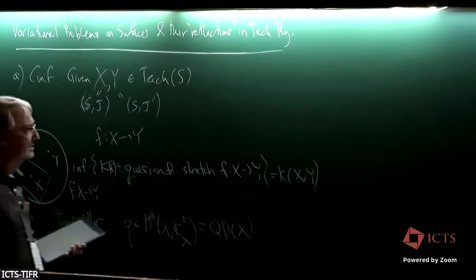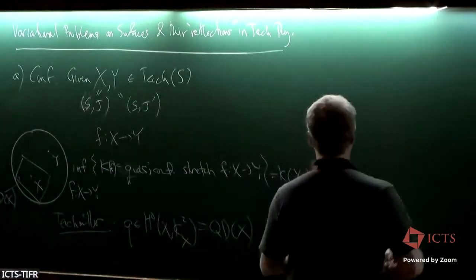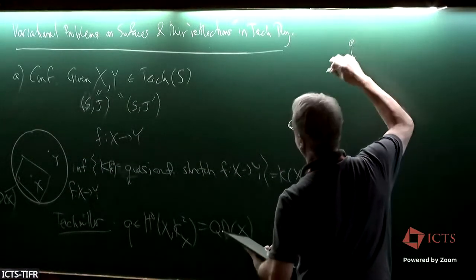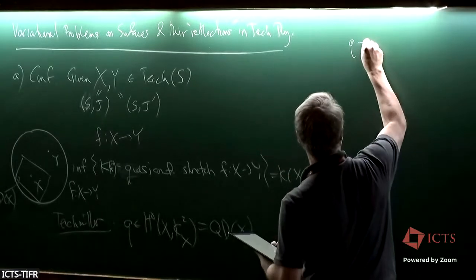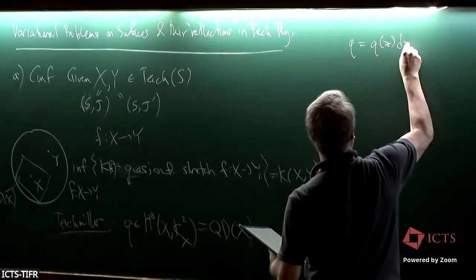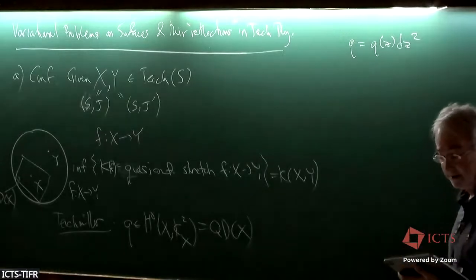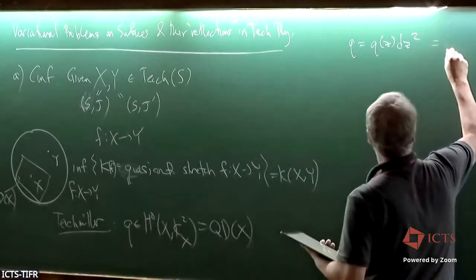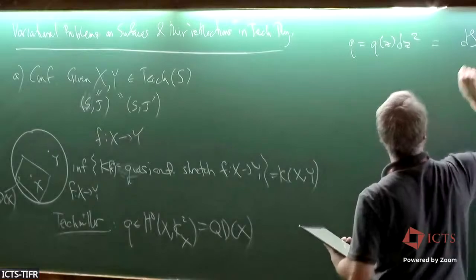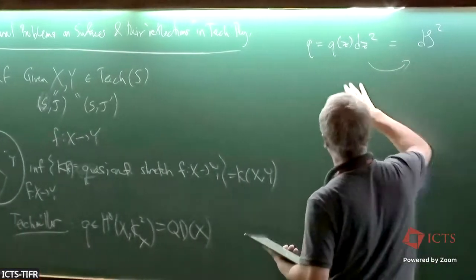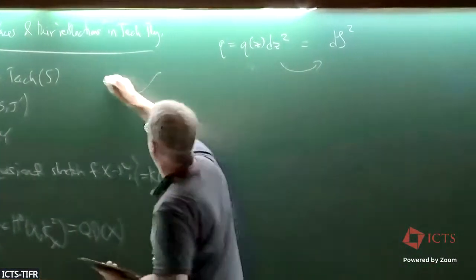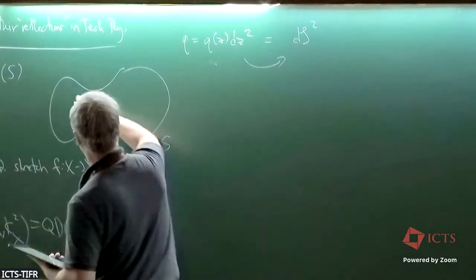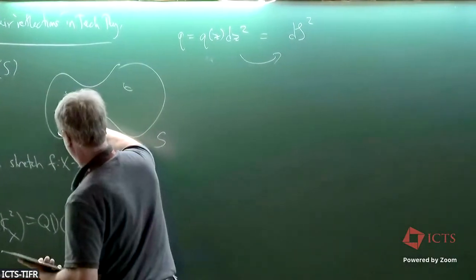You take one of these Qs, and so locally, now we've moved from Teichmuller space back down to the surface. Q in a local coordinate can be written as Q of z dz squared. And I can change away from the zeros of this quadratic differential. So how do I think of Q? I have the surface, and it's a holomorphic object.